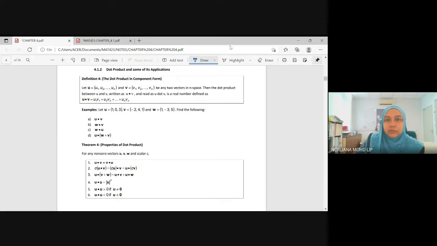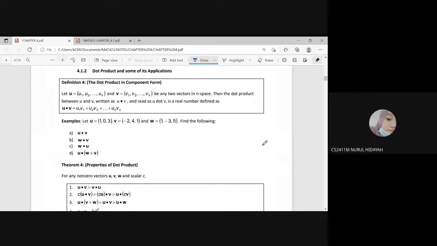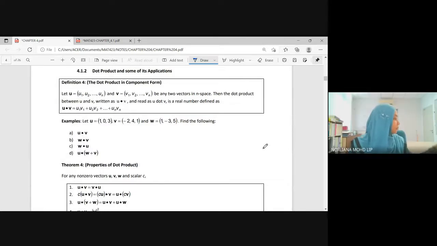Look at example A. Can you see this? Yes, madam. So U dot V is equal to 1 times negative 2, plus 0 times 4, plus 3 times 1.